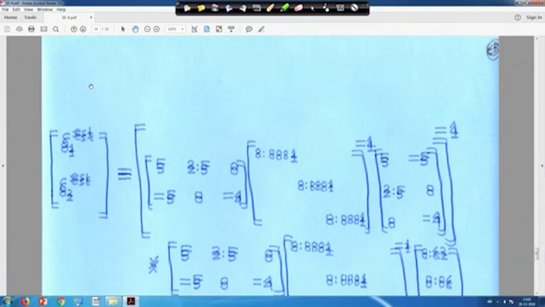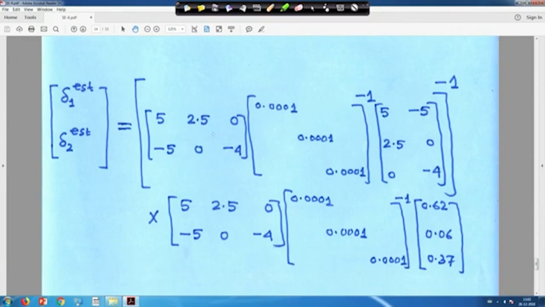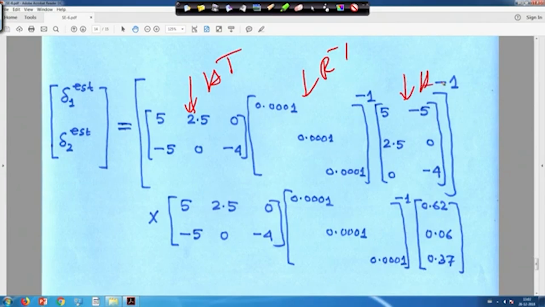If you look into that, this is my H transpose, this is my R inverse, and this is my H. And again, this is my H transpose, this is R inverse, and this is Z measured.